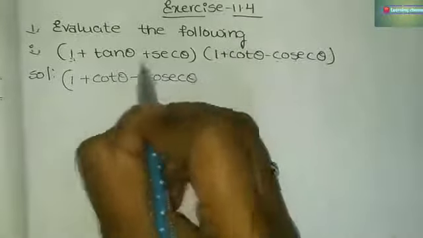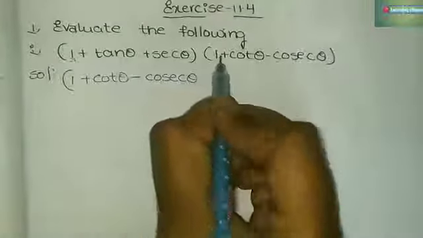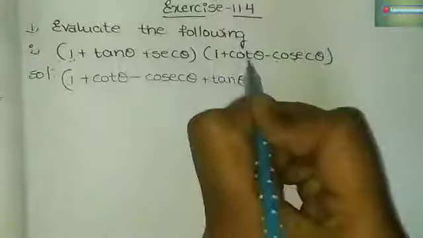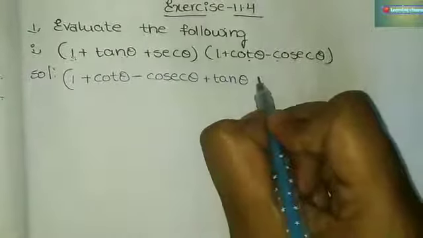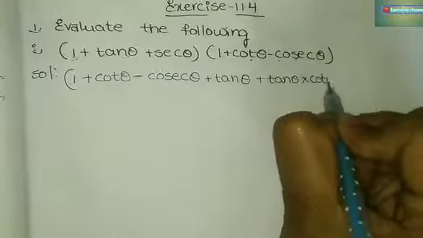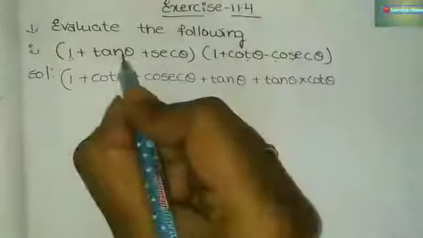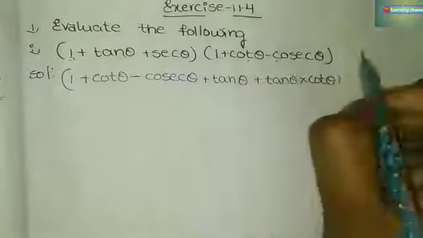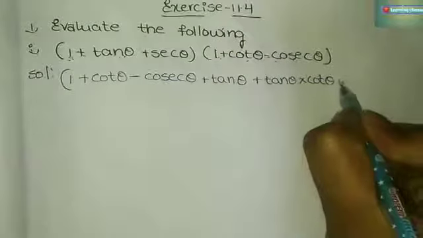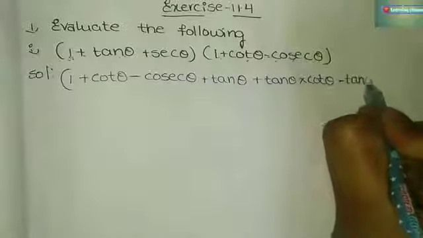Next one, tan theta into 1, plus tan theta into cot theta. Next one, tan theta into minus cosecant theta, so plus into minus gives minus tan theta into cosecant theta.